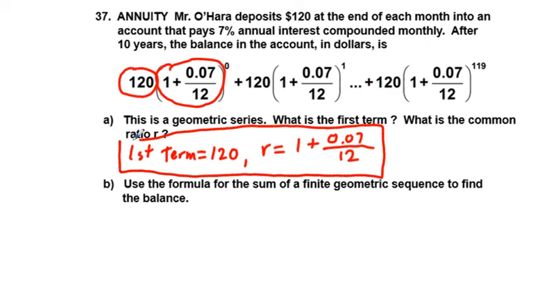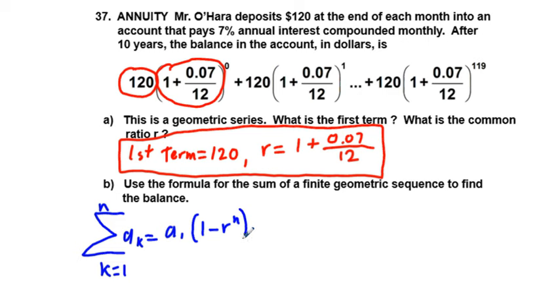Okay, next. Part B. Use the formula for the sum of a finite geometric sequence to find the balance. Well, for a finite sequence, I'm going to write this out in blue, from k equals 1 to n of a sub k, which is a summation, is equal to a sub 1 times 1 minus r to the power of n over 1 minus r.